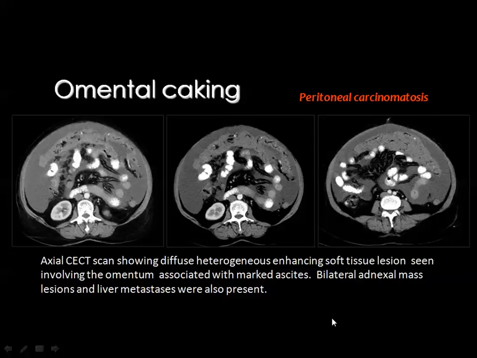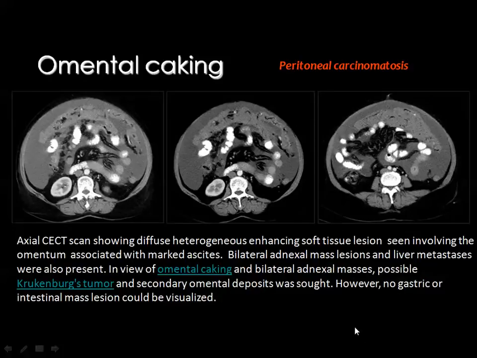We do not find the primary lesion, and at that time we may go by CT guided or ultrasound guided needle biopsy to have a sample of this omental cake in order to confirm the diagnosis and to know where is the primary malignancy.